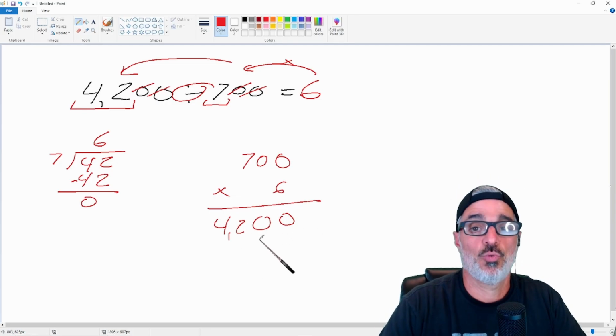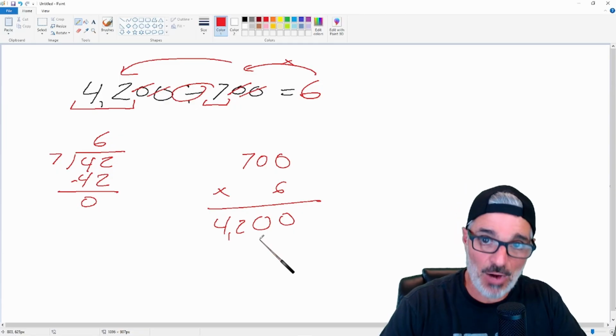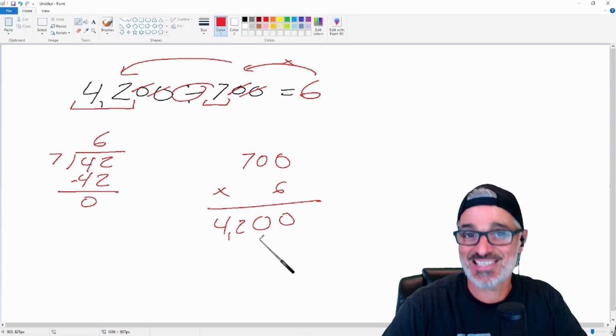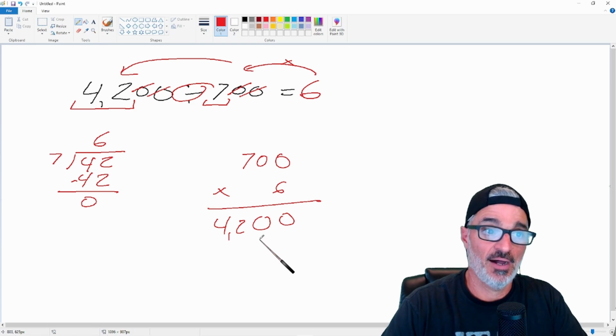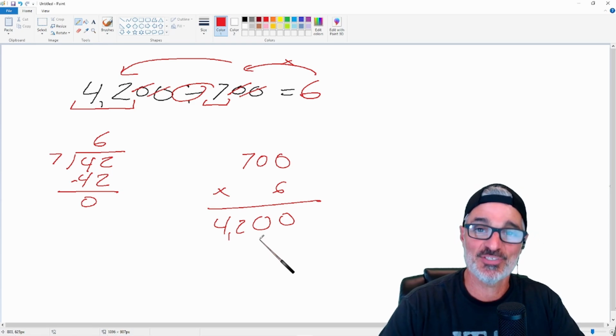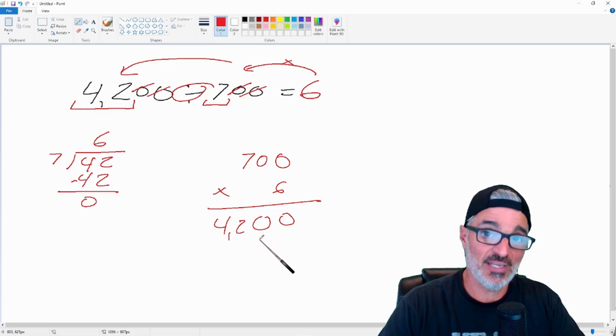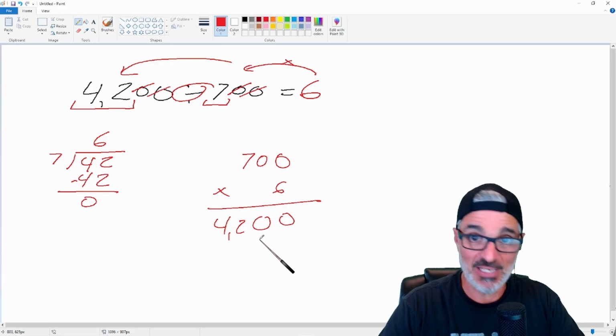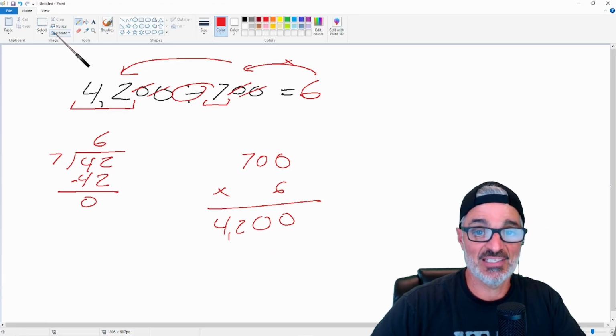Boom. All right, so when we are dividing by multiples of 10, we can use the same rule that we used when dividing by powers of 10. Just eliminate the zeros and do the division.